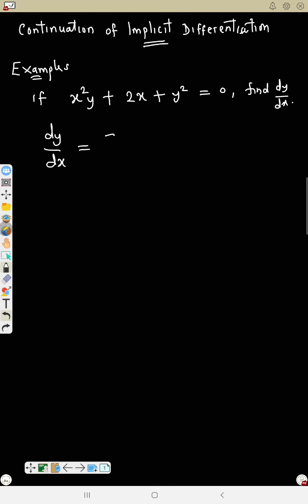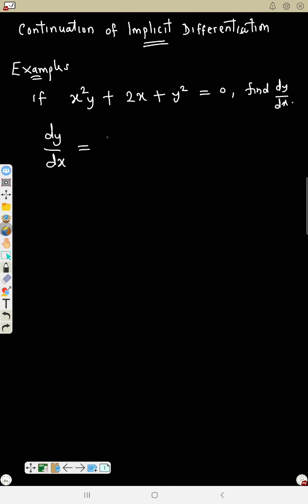Now always start with minus. Remember, I said I'm using the short method. This is not the usual method. The usual method is long, but this is the short method and the fastest method so far for implicit. So again, always start with minus, always. If it is implicit, this method always starts with minus.